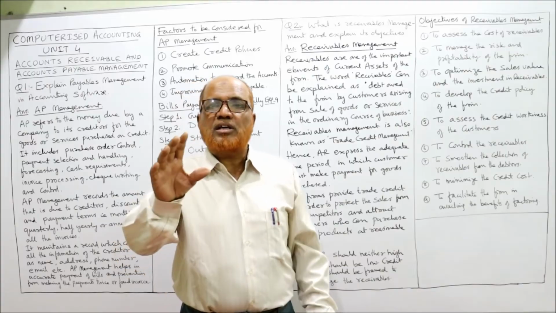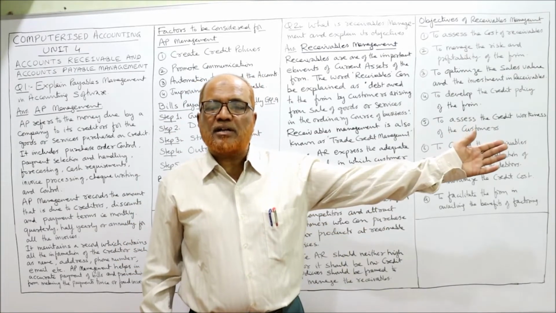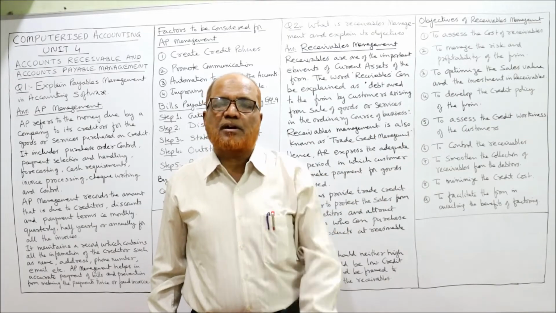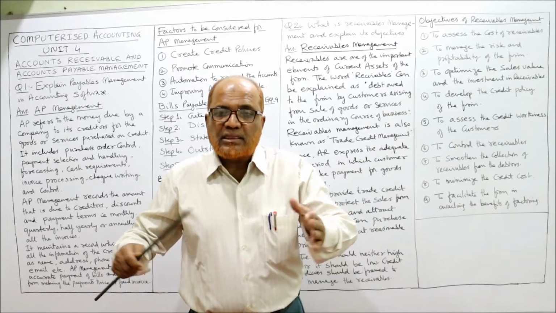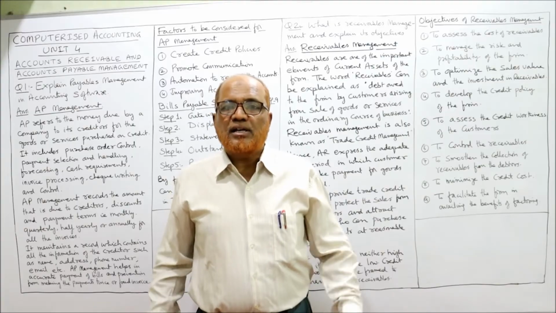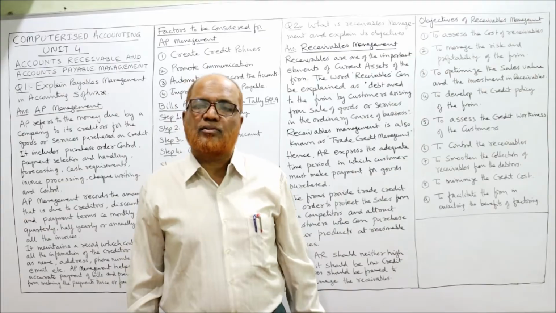Similarly, we cannot keep a higher credit period. For example, our competitors are allowing only 3 months credit period and we are allowing 6 months credit period. It's too high. If we make a lengthy credit period, then a number of disadvantages will be there. Money will be blocked, interest charges will arise.